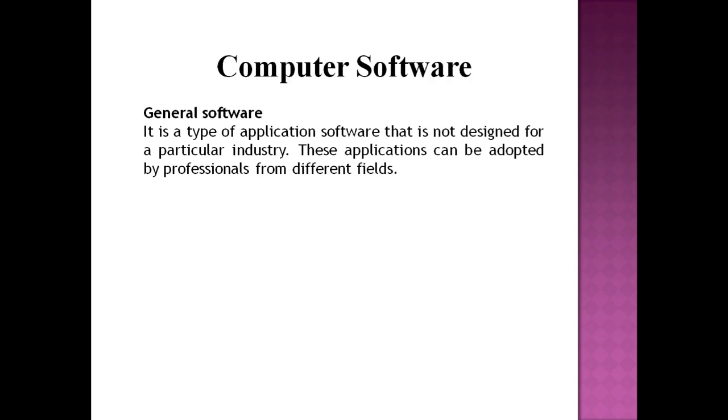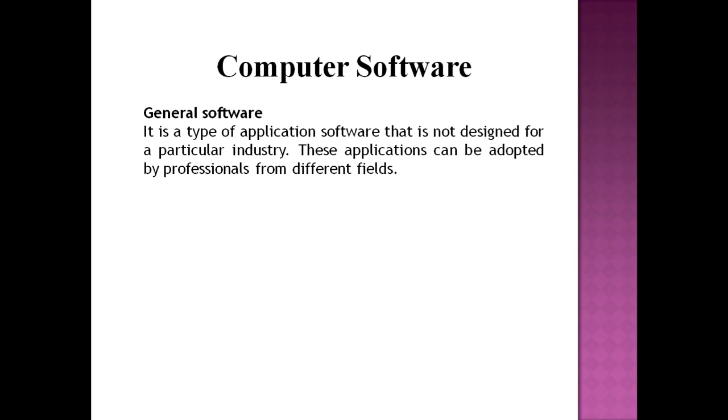It is a type of application software that is not designed for a particular industry. This application can be adopted by professionals from different fields. So it is basically a type of application software which can be opted by professionals from different fields. Software of this category is accepted as original by each user.